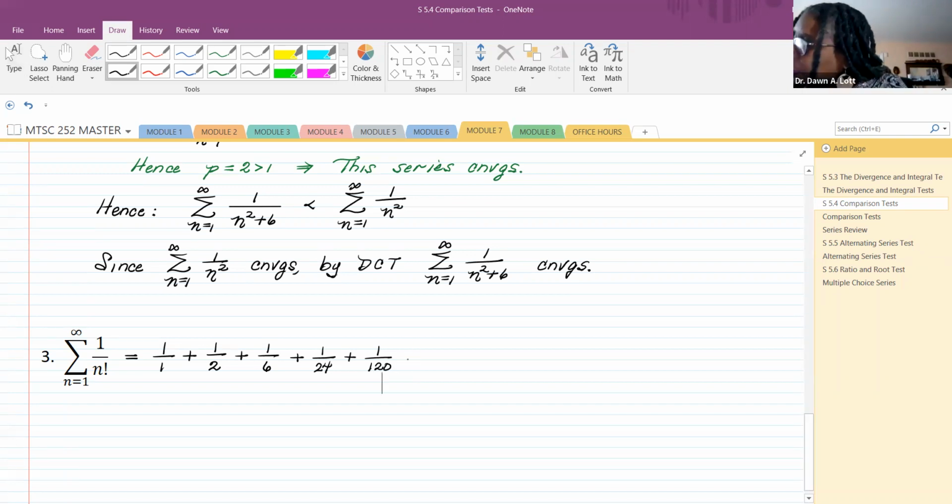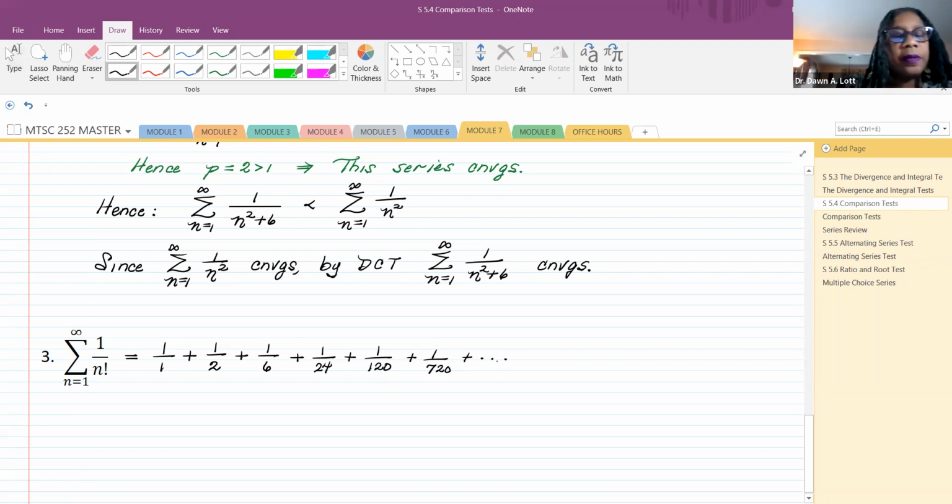Yes. 1 over 6 factorial plus dot, dot, dot. Okay. So the terms seem to be getting smaller, but we already said just the fact that the terms go to 0 means nothing. We need to be able to use something. So I'm going to do a comparison.